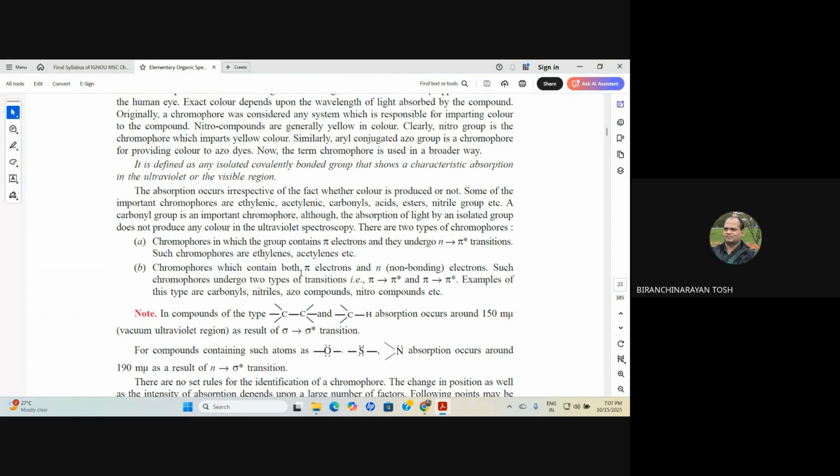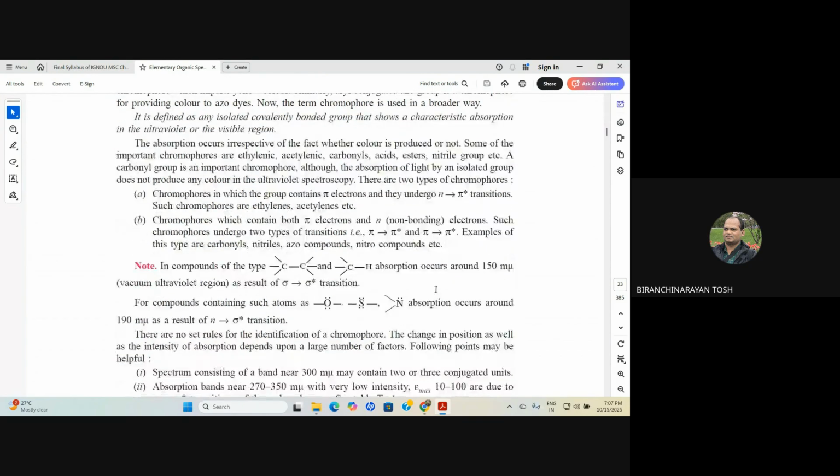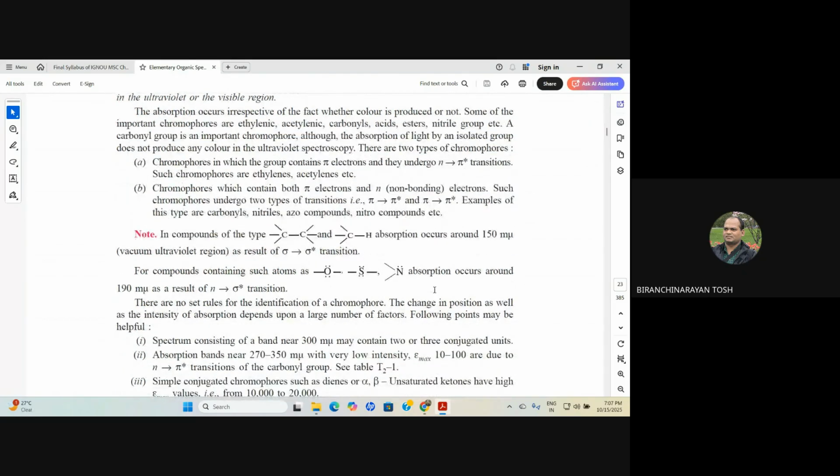Chromophores which contain pi electrons and non-bonding electrons undergo pi to pi star and n to pi star. Here they have written pi star twice; one will be n to pi star. Examples are carbonyls, nitriles, azo compounds, nitro compounds, all these things.